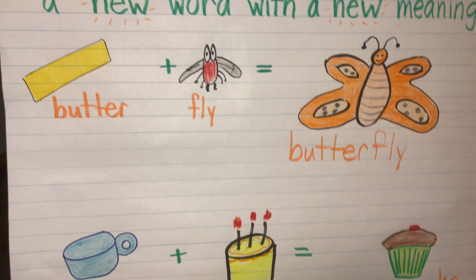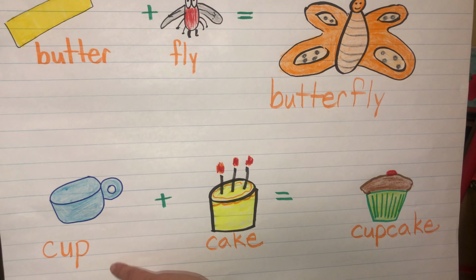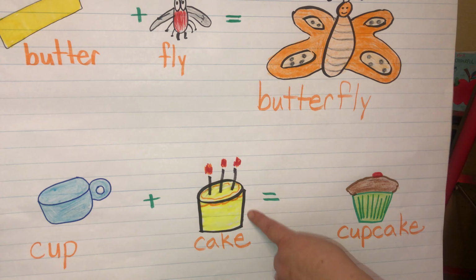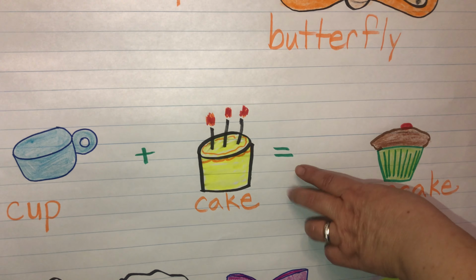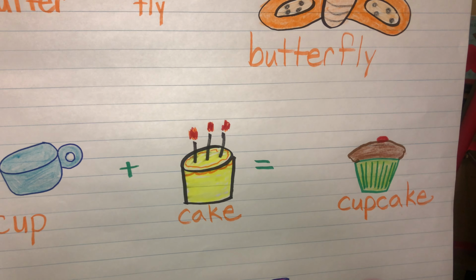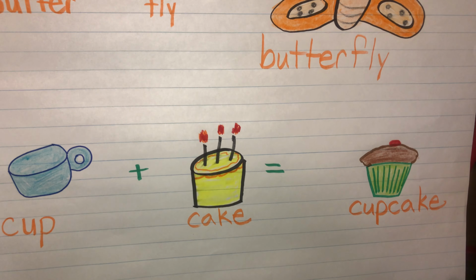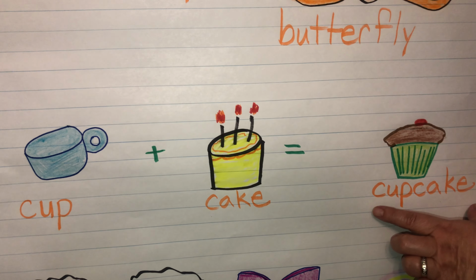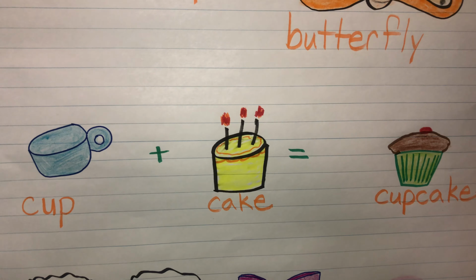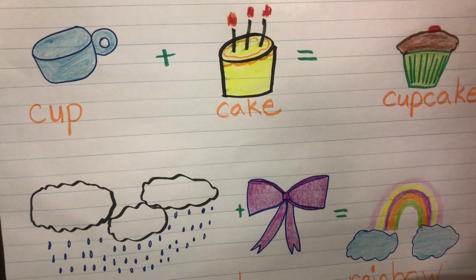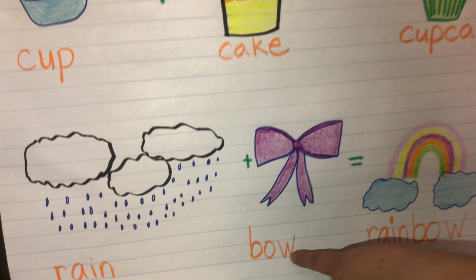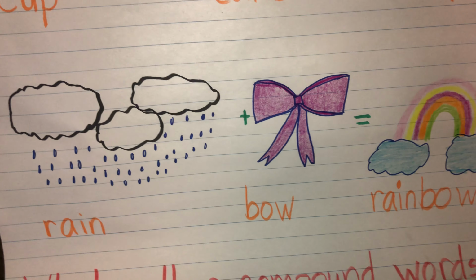And here we have another example. There is a picture of a cup plus a picture of a cake, and that equals cupcake. So putting cup and cake together make a new compound word, or a new word, which is cupcake. And then we have rain plus bow equals rainbow.